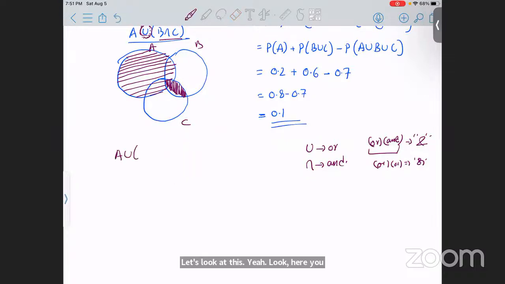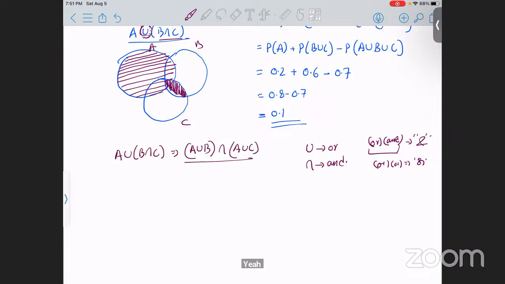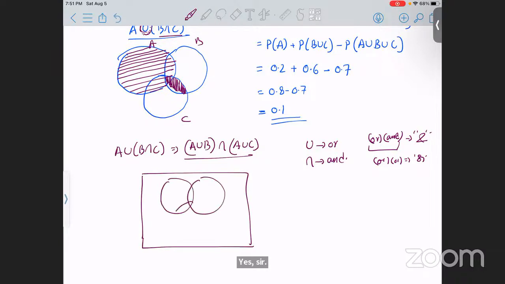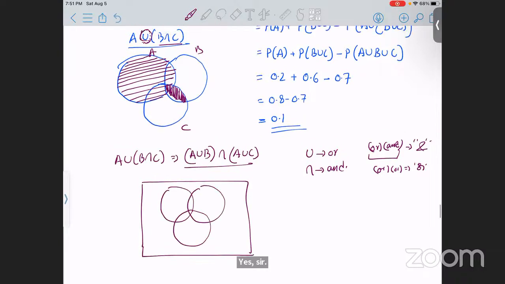Look, A union B intersection C can be written as A union B intersection A union C. This is the way to write it. From this we can draw a graph, and we'll obtain the same graph. What is A union B?